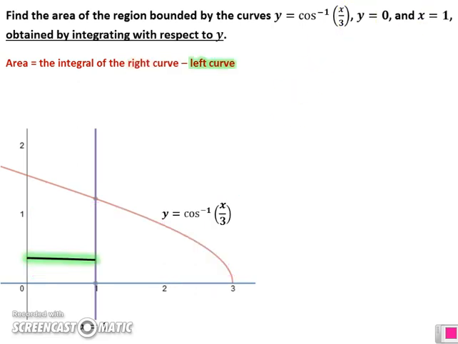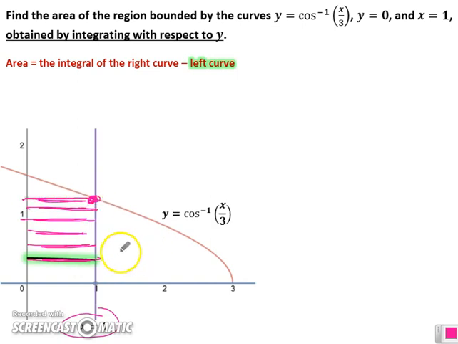And the same thing for x equals 1. This is actually already solved for x. The distance here is constantly going to be x equals 1. And we're going to have to stop right there because that's the end of our boundary.